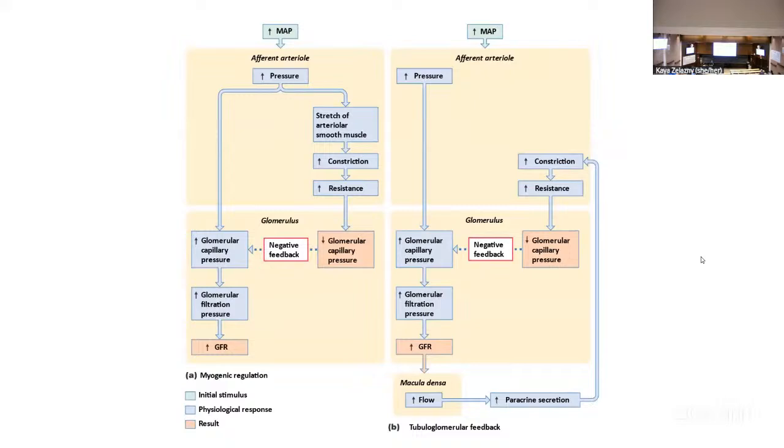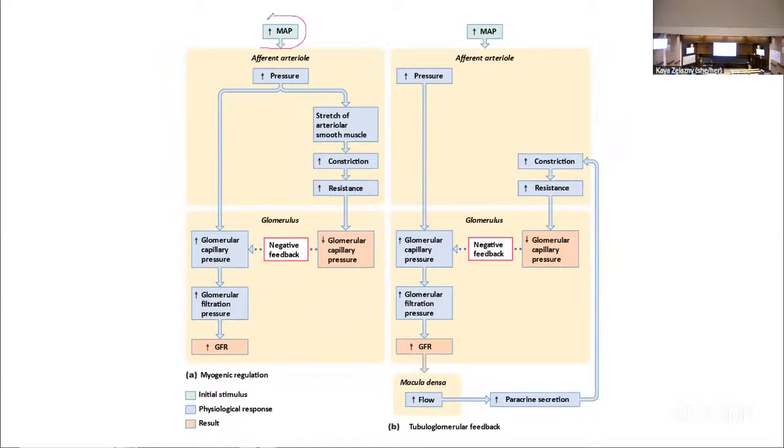Okay. Which matches up with this flowchart. So what we see happening in this flowchart is we're thinking about, okay, how do we deal with a mean arterial pressure that has gone up, right? So our mean arterial pressure goes up, which means the pressure in the arteriole goes up.